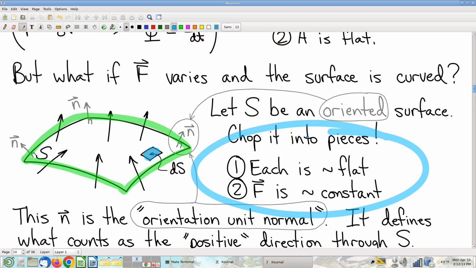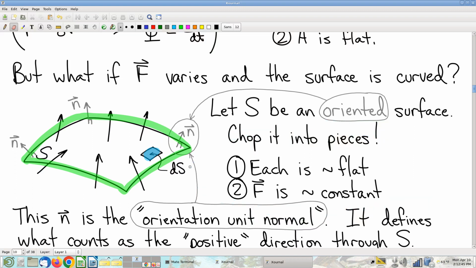But in the limit, it's going to get smaller and smaller and flatter, and this will get more and more appropriate. And in Math 219, I'm just going to wave my hands and say, in the limit for nice surfaces, this is fine, as we have for every other kind of integral we've done. Ditto, the vector field. Not exactly constant, but over small little pieces, especially in the limit as these pieces get smaller and smaller, the vector field doesn't have enough time to change very much, and so it's approximately constant.